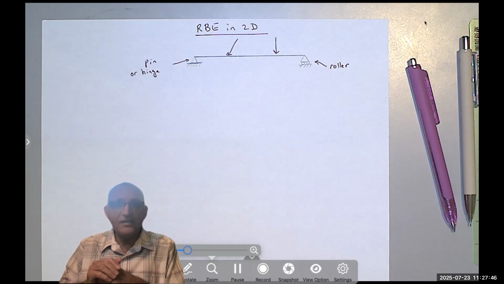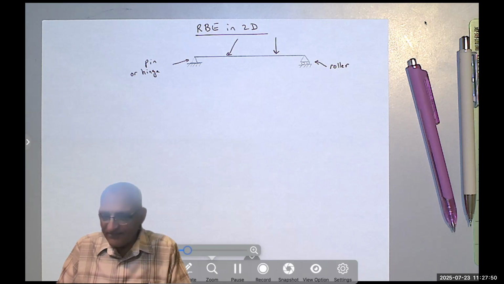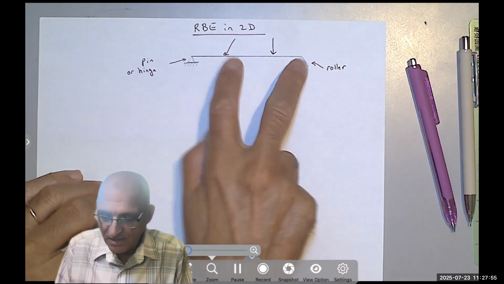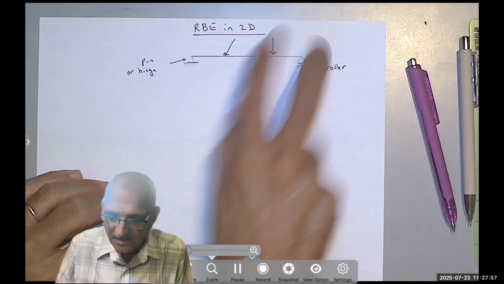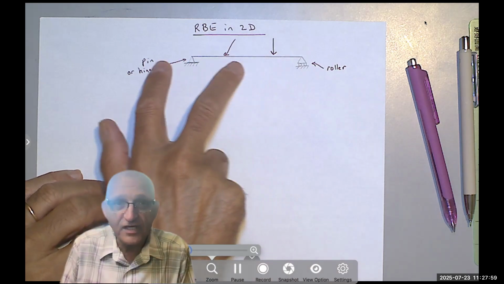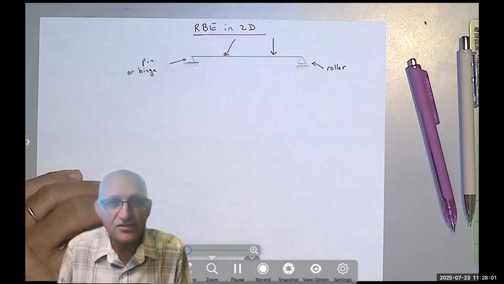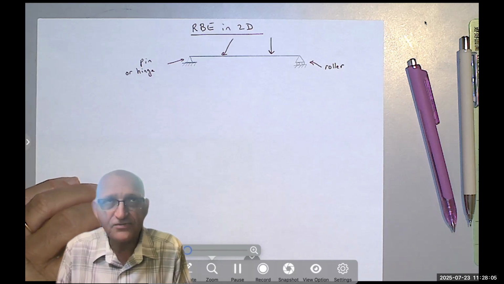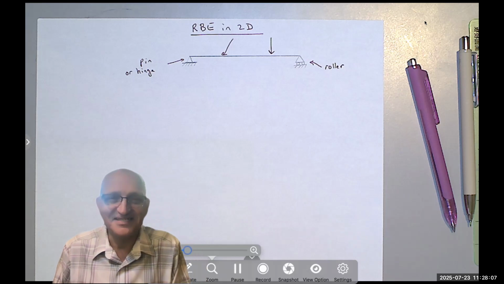If you think about it, if this was a roller and this was a roller, and since this is inclined, this beam would start moving sideways to the left, right? Left, right? Okay, just kidding.